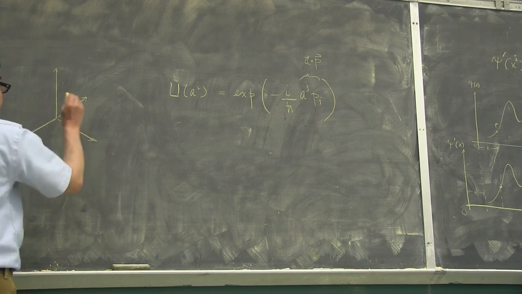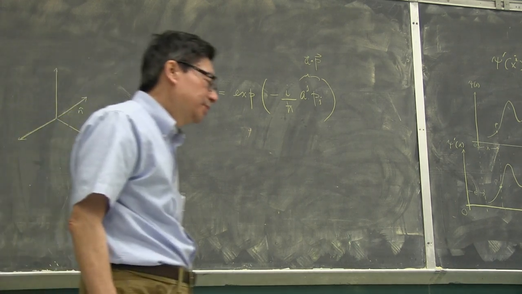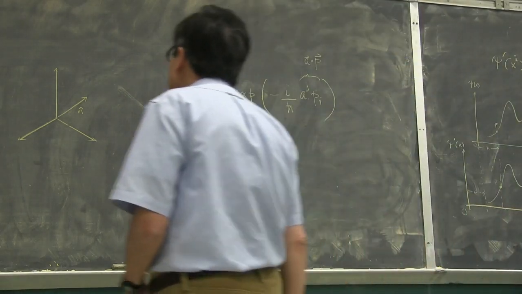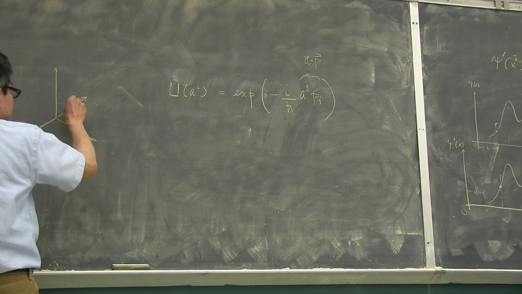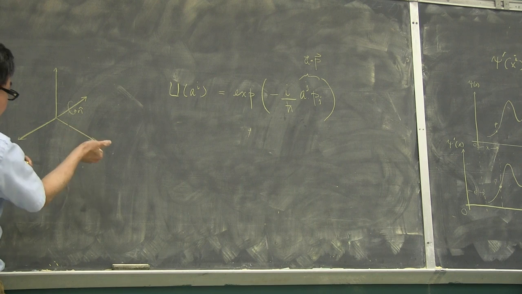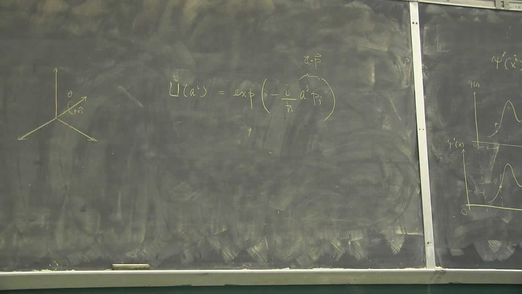To specify a direction, I just need to specify some unit vector. Let me call it n, okay? And supposing I want to describe this rotation about this axis, rotating in the positive right-handed sense by an angle theta. Okay.